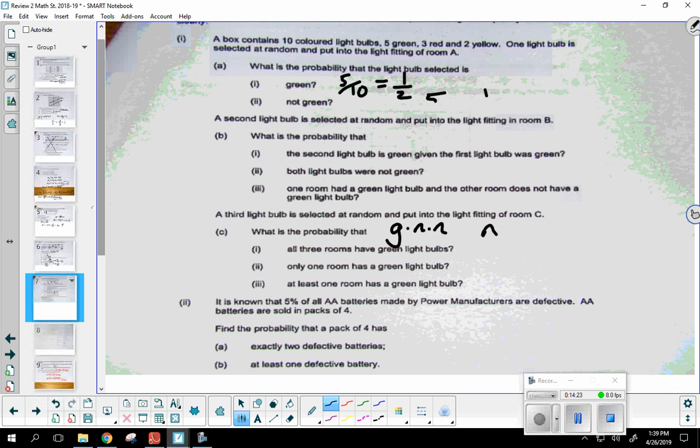Or you could have no green in the first one, green in the second, or you could have green in the third room. I'm looking at those individual branches. Those would represent the intersections, and then I would just add those up. But what I found after I actually wrote it out is you're just going to take 3 and multiply it by 5/10 times 5/9 times 4/8.